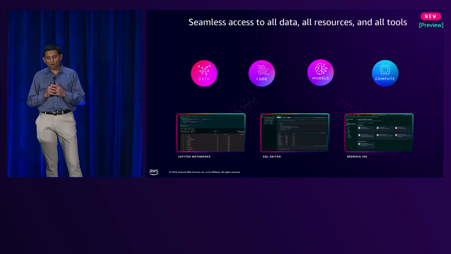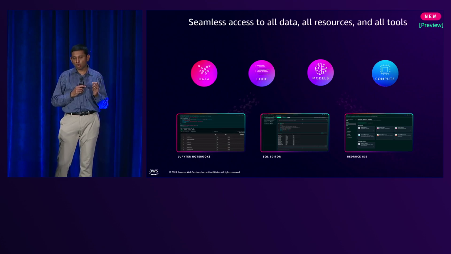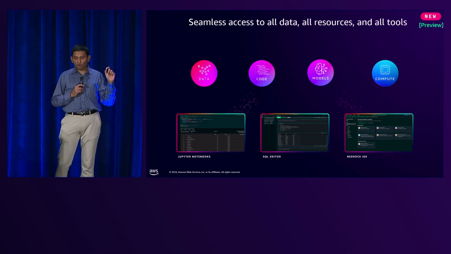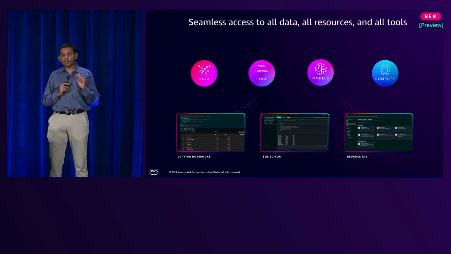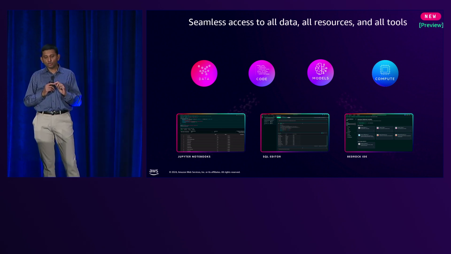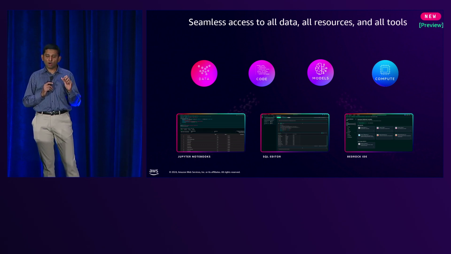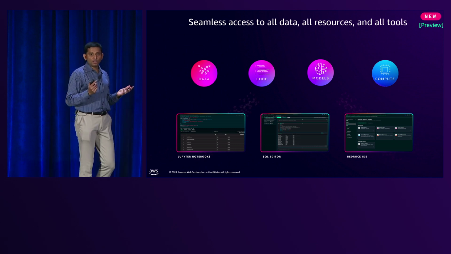SageMaker AI offers infrastructure and purpose-built tools for each step of the model building lifecycle, including IDEs and notebooks. These are backed by high-performing accelerated computing instances and purpose-built infrastructure for distributed training at scale. You get governance and MLOps tools and inference options and recommendations for building and evaluating your machine learning models.